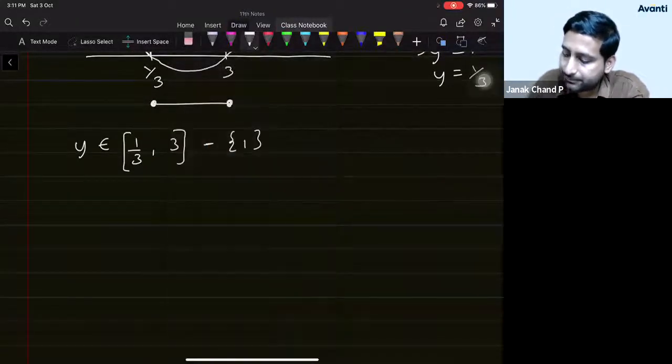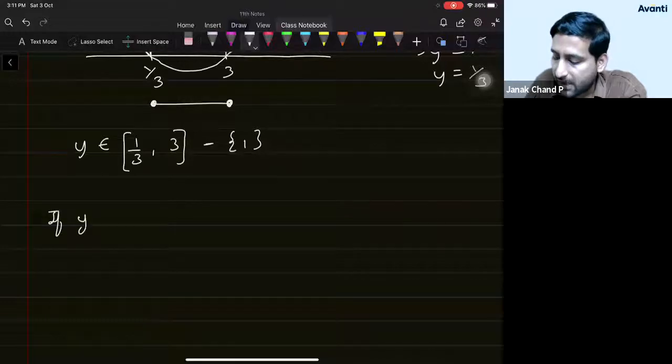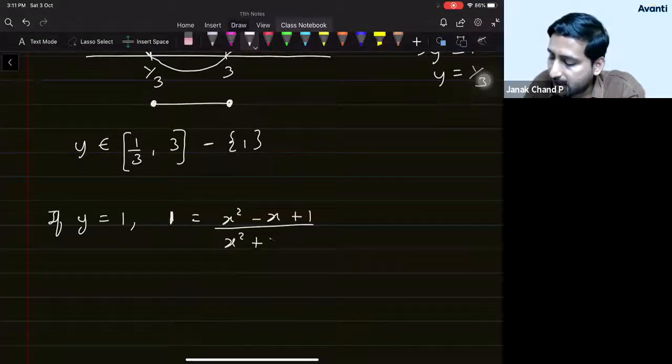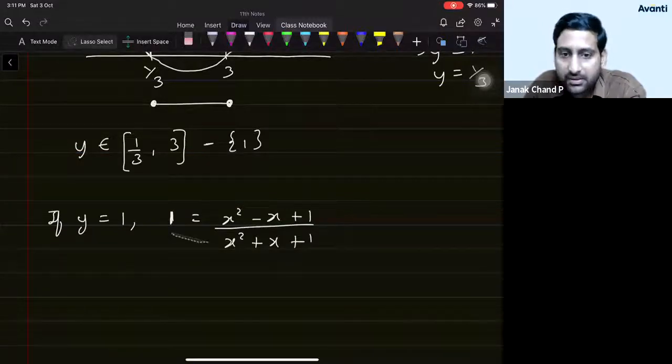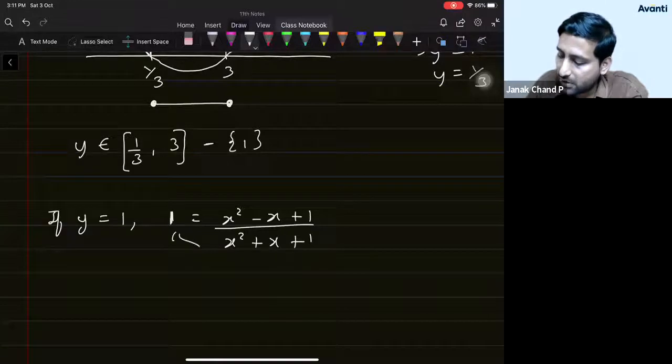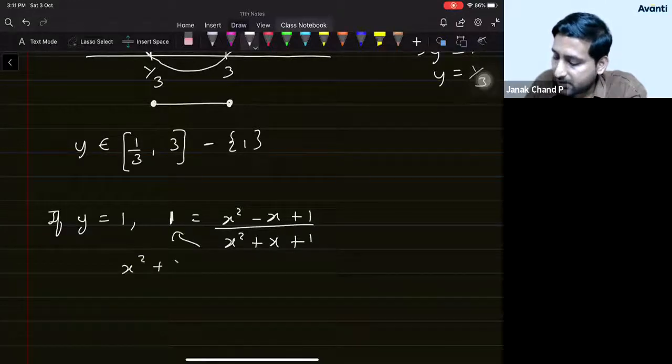If y is equal to 1, then what will happen? I will say 1 is equal to x square minus x plus 1 divided by x square plus x plus 1. Cross multiply and try to simplify. You would get x square plus x plus 1 is equal to x square minus x plus 1.